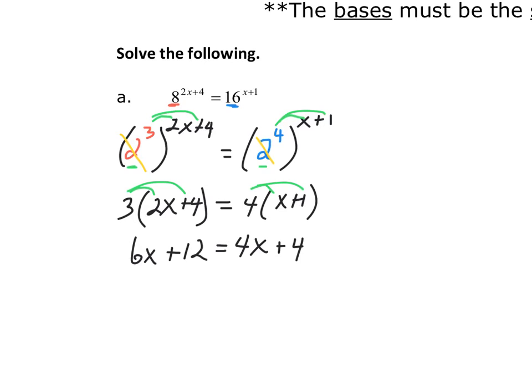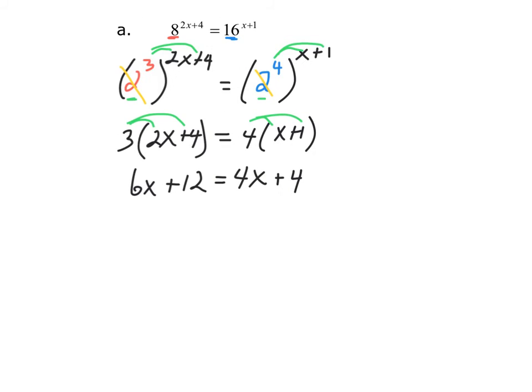And then from here, it's just your solving. X's are on both sides. You can choose multiple ways to work this problem, but I'm going to go ahead and subtract the 4x, move it over, so it ends up on the left. I'm going to do 2 steps in one here. You can break it down further if you need to. Then I'm also going to subtract the 12, so my integers go to the right-hand side.